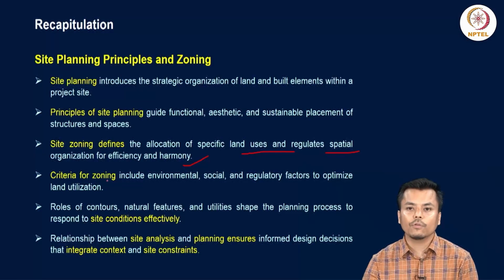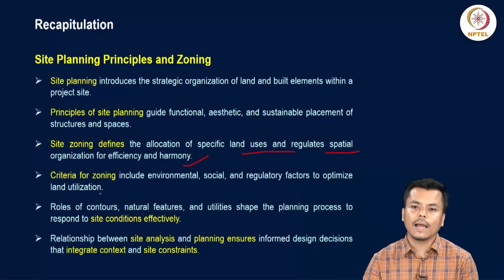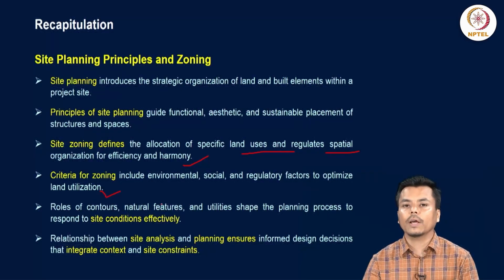Then the criteria for zoning, which included environmental factors, social factors, regulatory factors, or the basic description of these different terms were introduced to optimize the land utilization within the site. So these topics were covered, along with the understanding of contours and the natural features that are present in the site and how can we retain the existing natural features in the site.